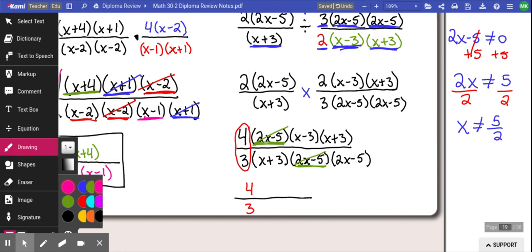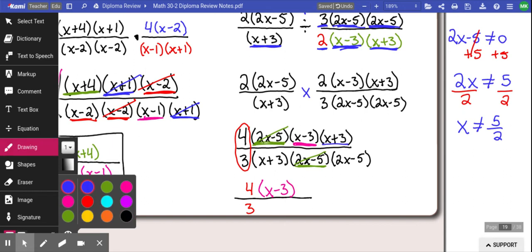There is no x minus 3 on the bottom, so the x minus 3 on the top stays. We now have x plus 3's, there's one on the top, one on the bottom. They will cancel out. In the denominator, you'll notice we have one thing left. We have this 2x minus 5, so we still need to write it. And that is my simplified rational expression.